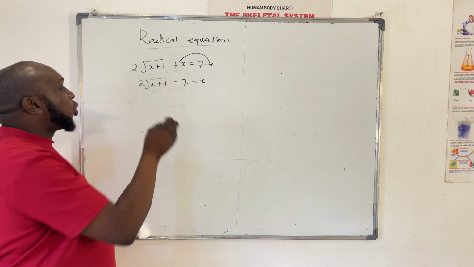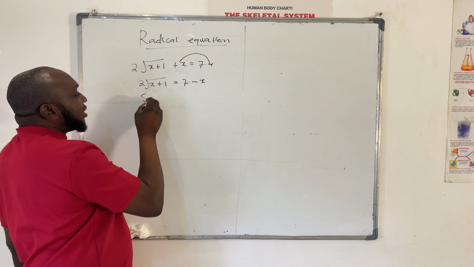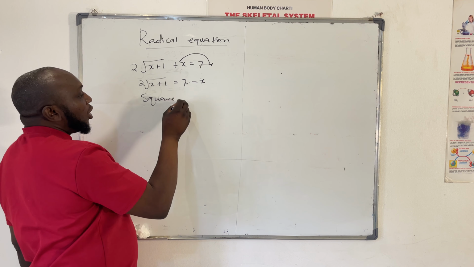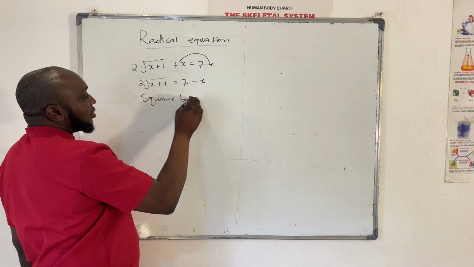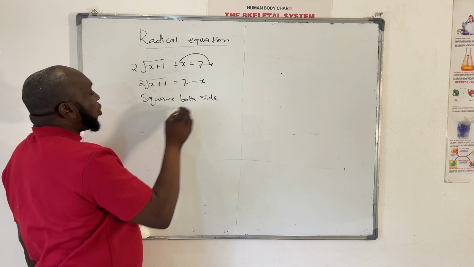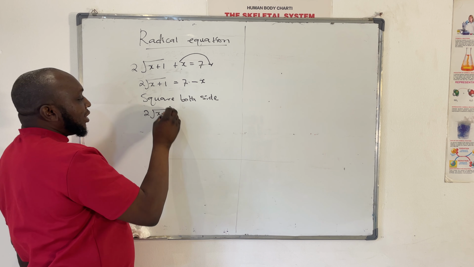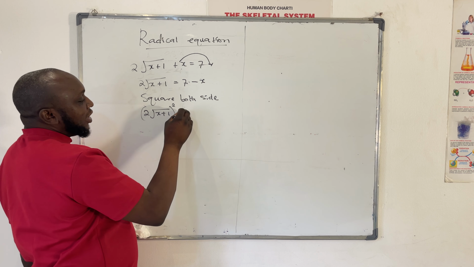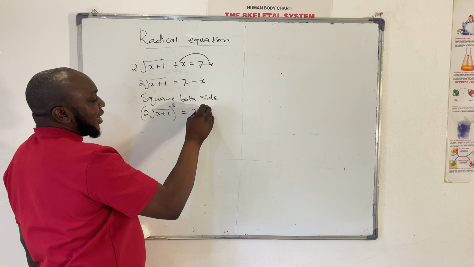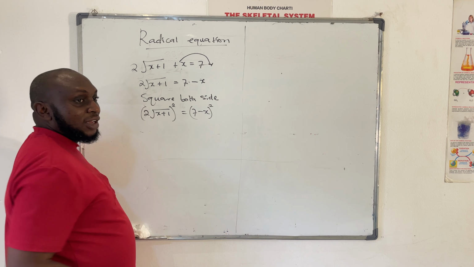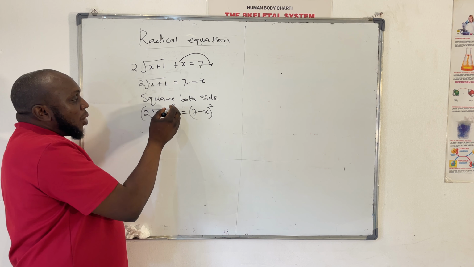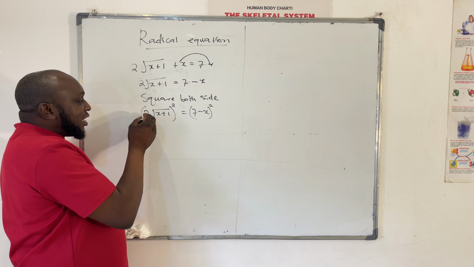Then step 2, we square both sides. Squaring both sides will give us 2 root s plus 1, all squared, is equal to 7 minus s, all squared. So the power 2 here will affect these 2.